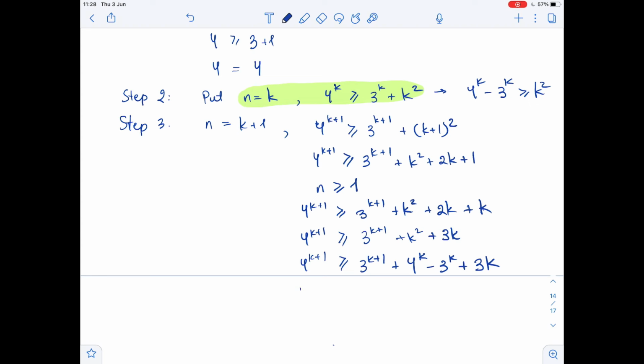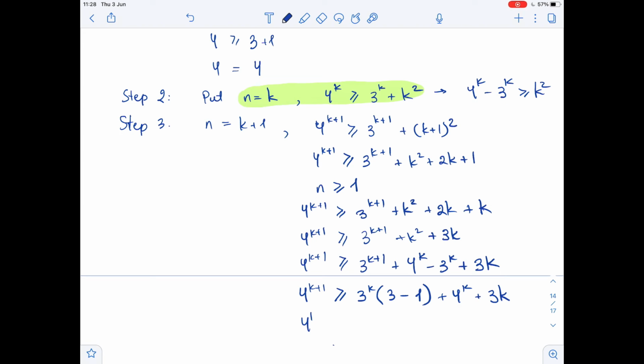Well, again, we will simplify this. So 4 to the power of k plus 1 is greater than or equal to 3 to the power of k times 3 minus 1 plus 4 to the power of k and plus 3k.